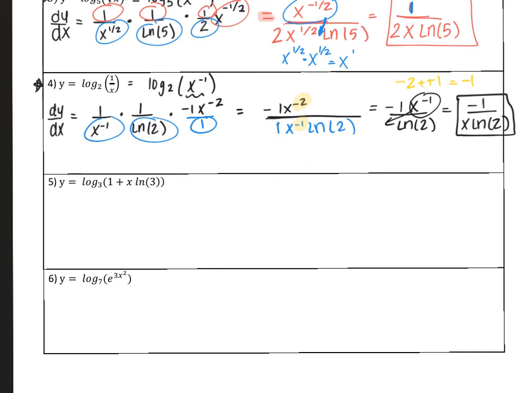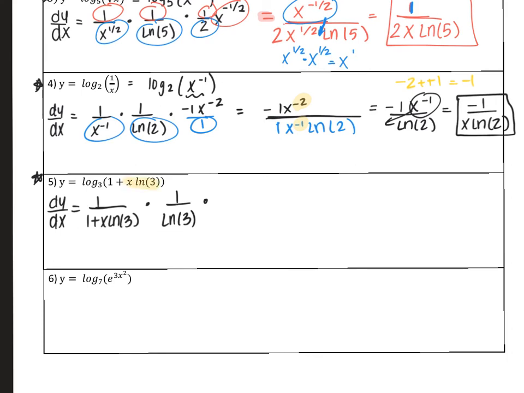All right, how about you guys try number 5 and number 6 on your own, and then hit resume when you're ready for the answers. Okay, so 5, dy over dx, is 1 over the inside times 1 over ln of the base times the derivative of the inside. Well, if you notice, the derivative of the inside here is derivative of 1 is 0, and x ln 3 looks like it might be a product rule, but it's actually not.